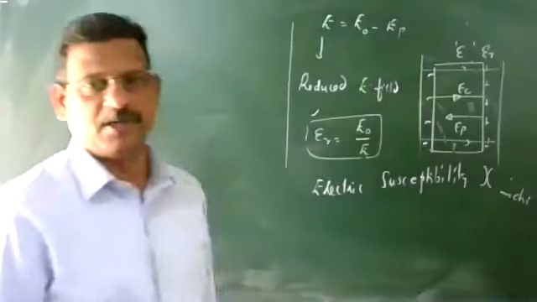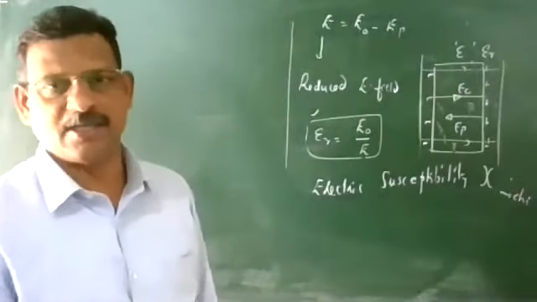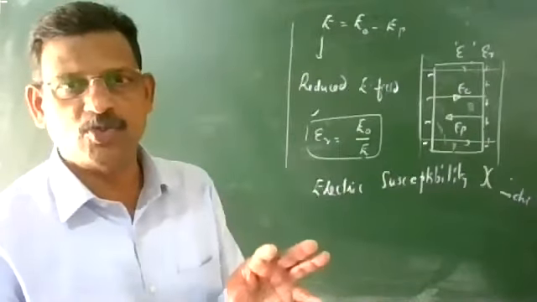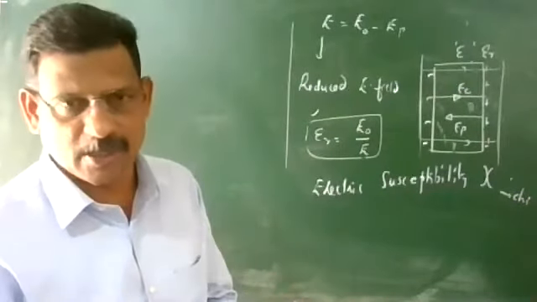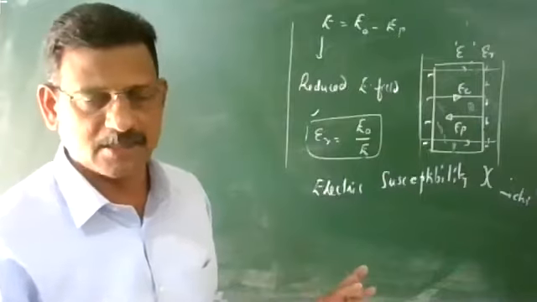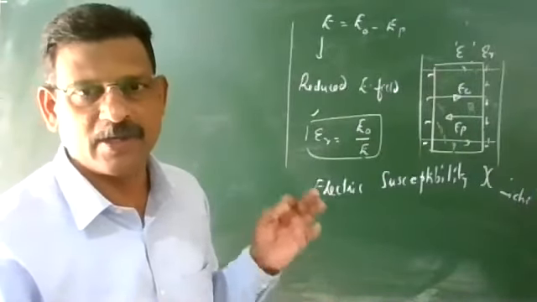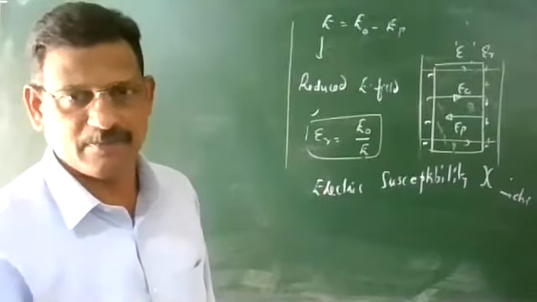Electric susceptibility is the term we use for how fast the material is polarized. We will see the same kind of term in magnetism also. It describes the electrical behavior of a non-polar dielectric.